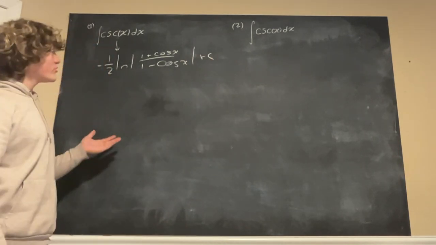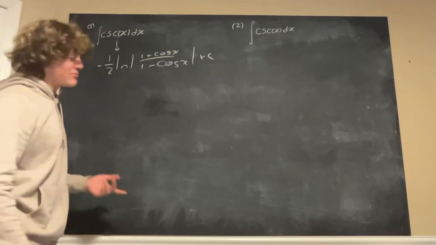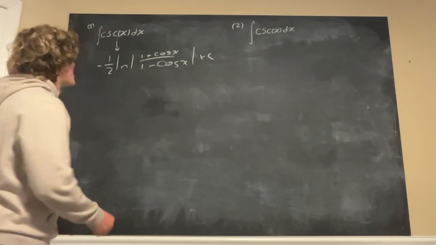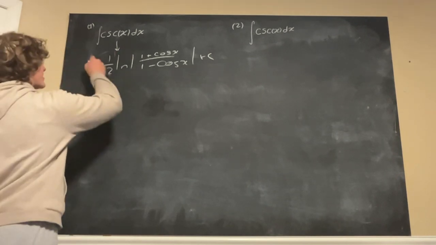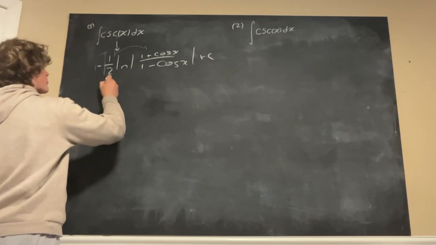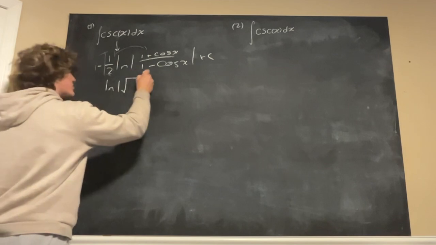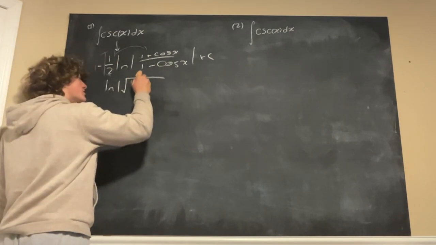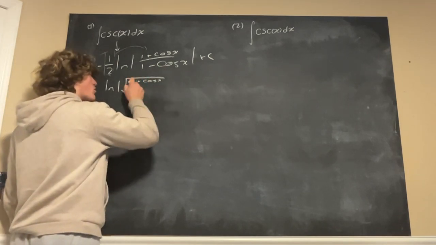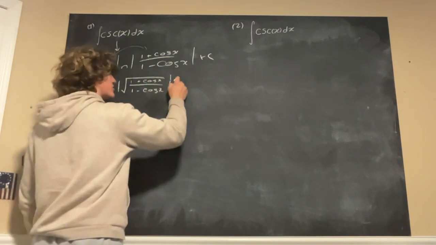Now, we are going to use logarithmic properties as well as trigonometric properties on this. To begin, we will take this 1/2 at first and put it on the inside, where this becomes ln of the square root of (1 plus cosine x over 1 minus cosine x) plus c.